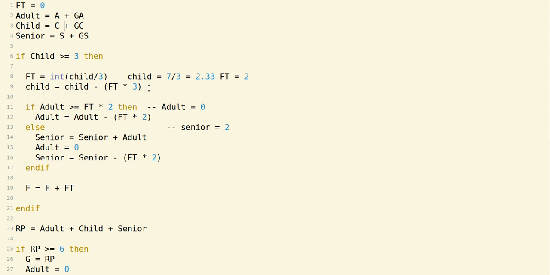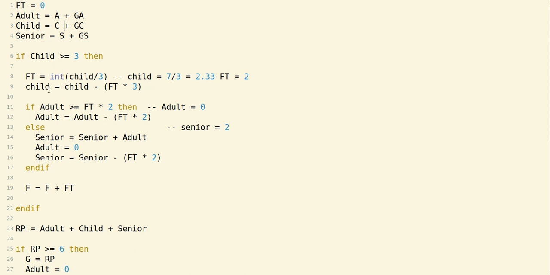Then we have some variables: adult, child, and senior. Adult is equal to a plus ga, a being the single tickets for adult, and ga being the adult tickets that are bought as part of the group. So I've combined these two together to form one variable adult. The same is done for child and senior.